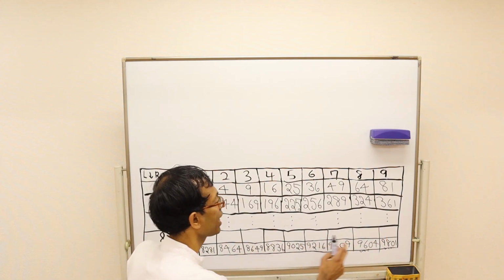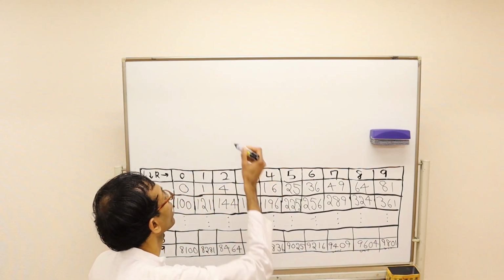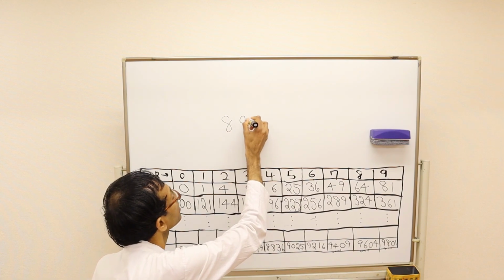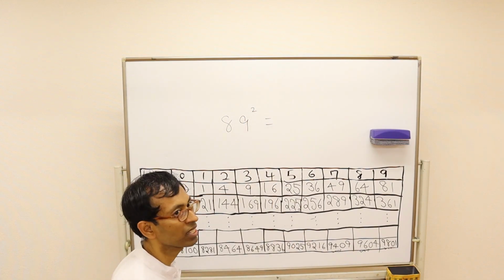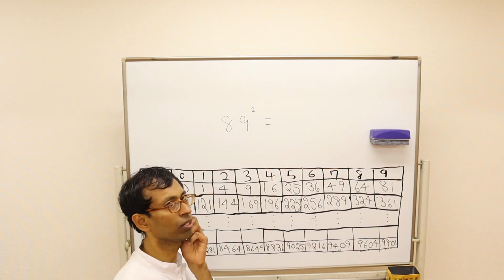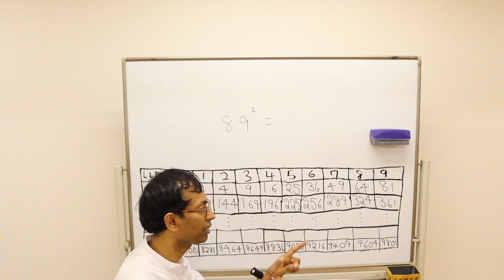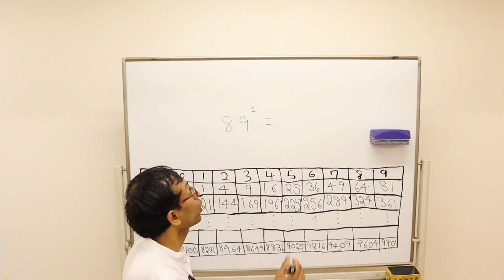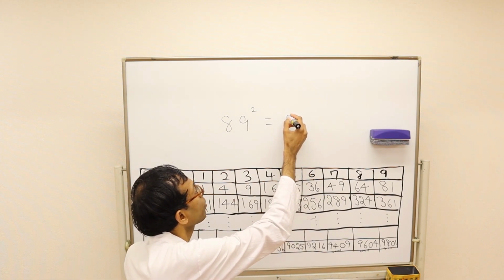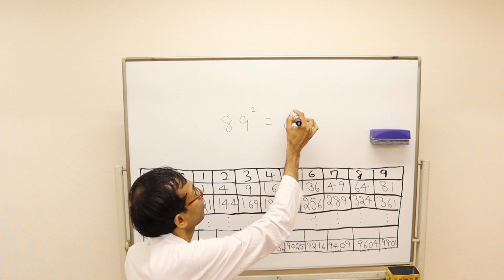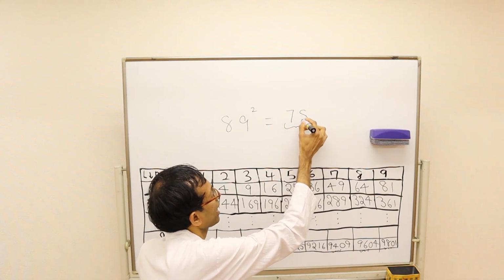Here, this is 89 square. 89 square means 89 times 89. So, the same way, 89's proximity is 11. So it will be 89 minus 11, which is 78.